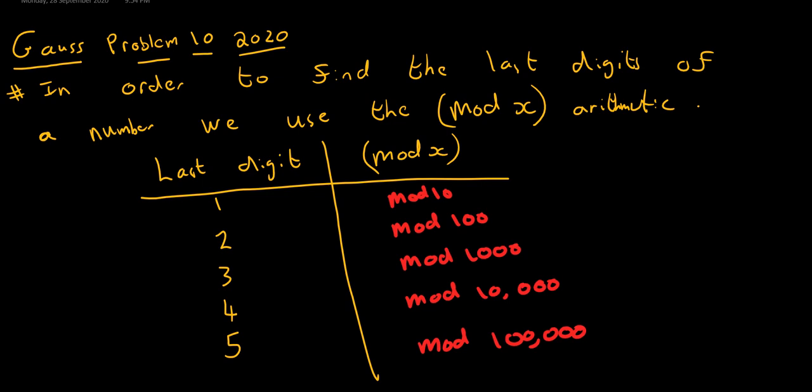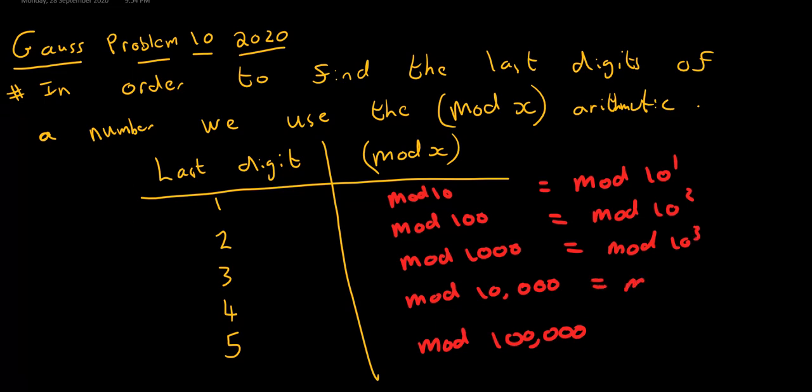And hopefully you can recognize here that we've got mod 10 to the 1, mod 10 to the 2, mod 10 to the 3, mod 10 to the 4, then mod 10 to the 5. Okay, so hopefully you're confident in finding the last digits of large powers.